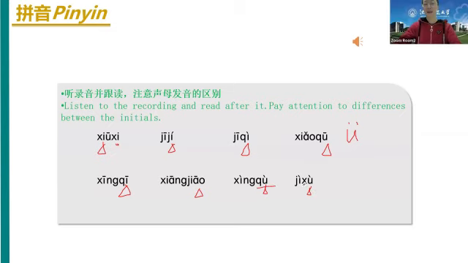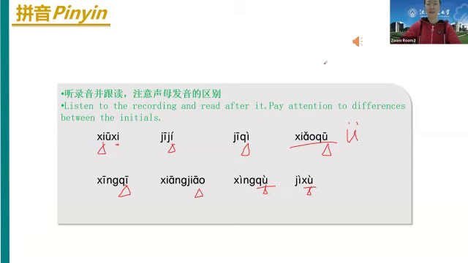And please look at the 3 words. In the 3 words, the final of the last syllable is ü. And we'll learn another rule about that. Just know that in these syllables, the final is ü.